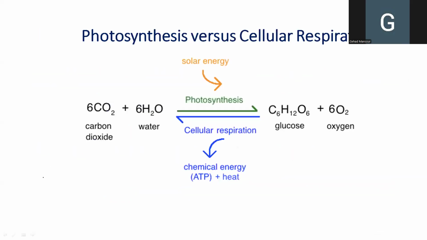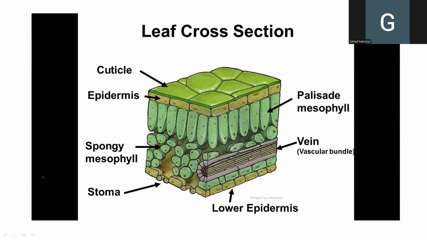So up till now, we have summarized the biochemical pathways of cellular respiration and photosynthesis and their relationships to each other. It is important to review a cross-section in a leaf in order to understand where exactly photosynthesis occurs in green plants. Why are we studying this section in a leaf? We are taking a section in the thickness of the leaf.